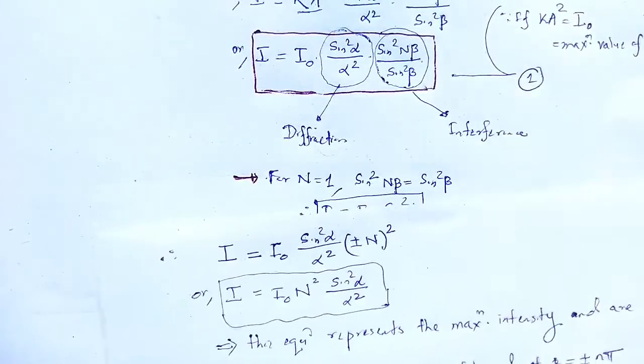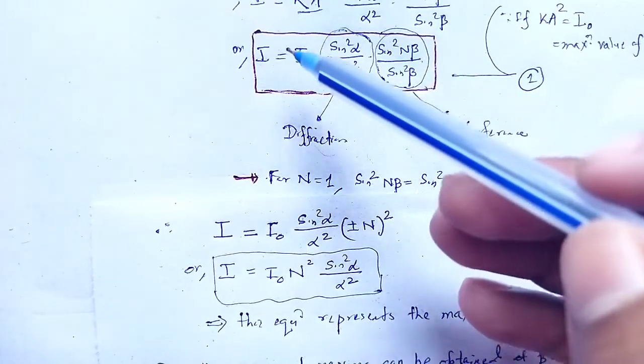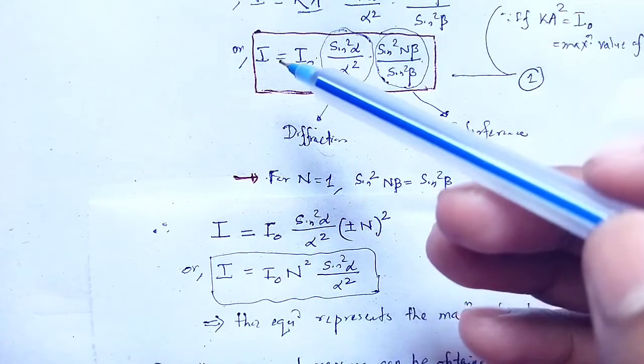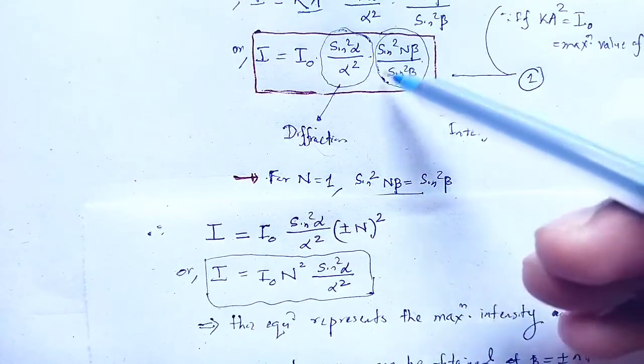If sin beta is 0, then we have the maximum intensity. That is the only reason sin beta does not equal 0 to get the minimum.